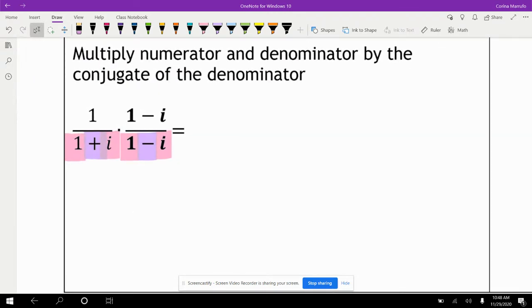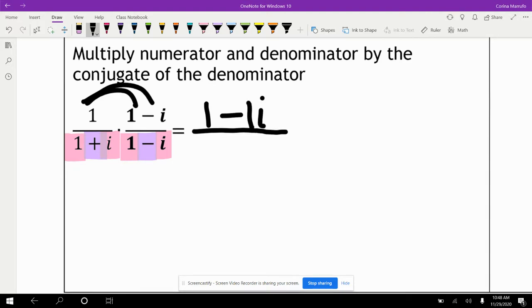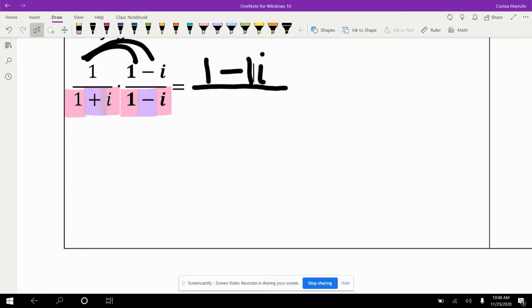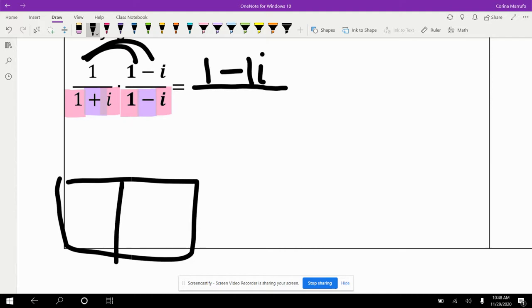So we're going to go ahead and multiply these. Starting with the numerator, we distribute the 1 to each term. 1 times 1 is 1, and 1 times negative i is negative 1i. On the bottom, we're going to multiply these two in a box.